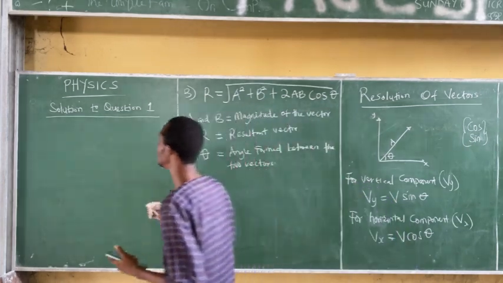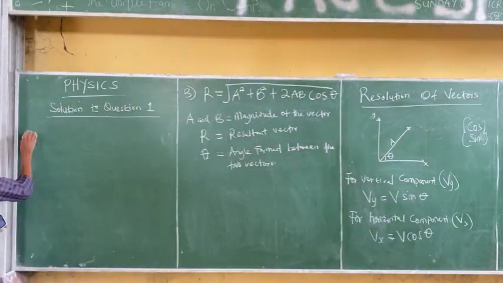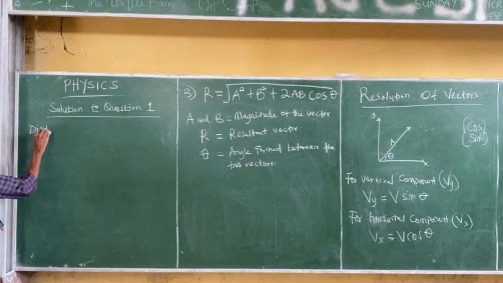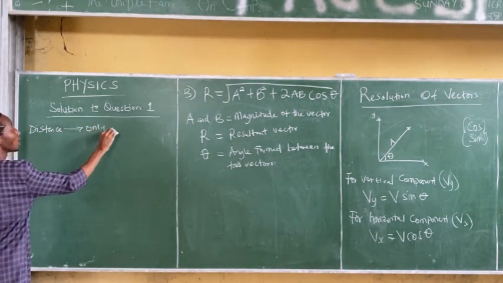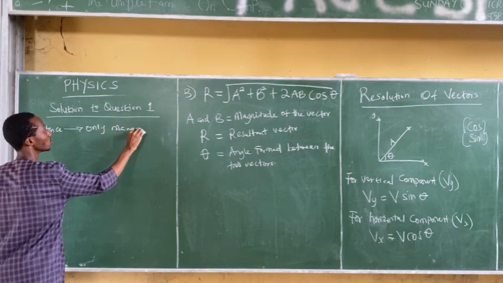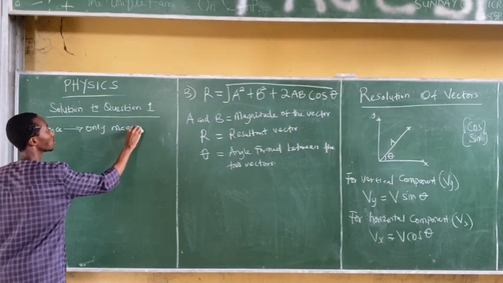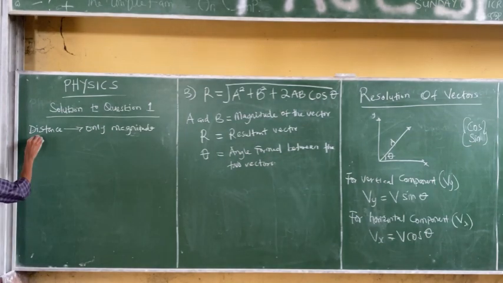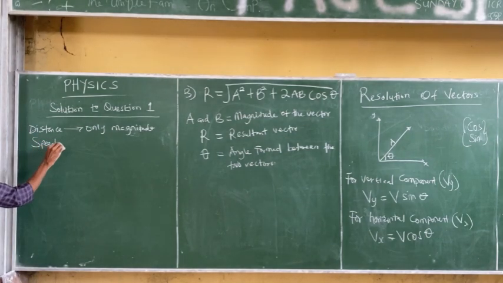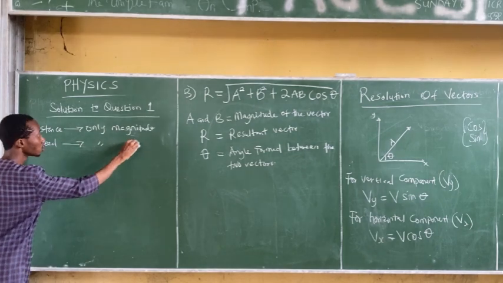Distance has only magnitude, but it doesn't have direction. Speed has only magnitude also.